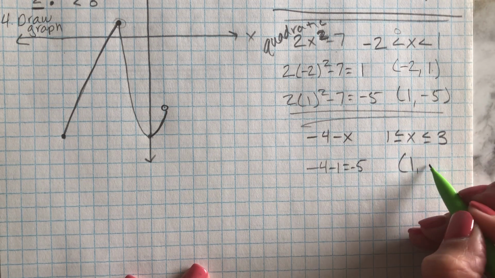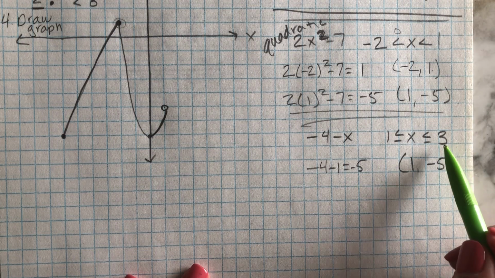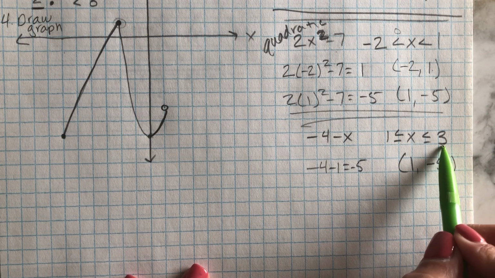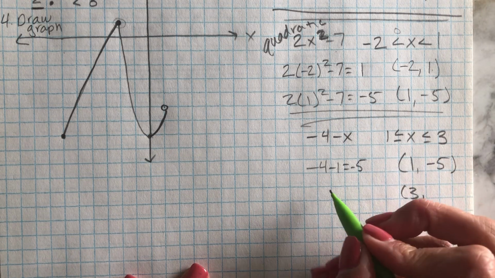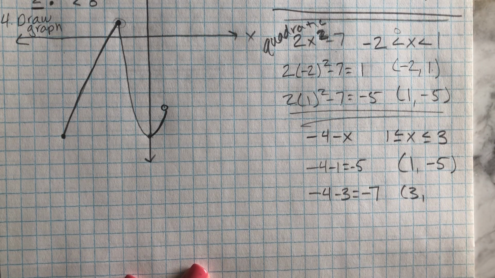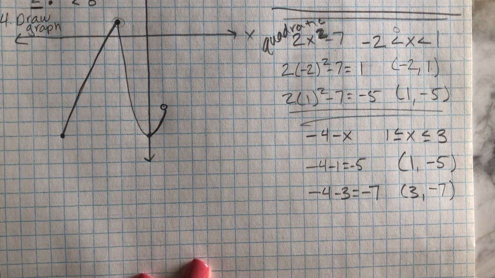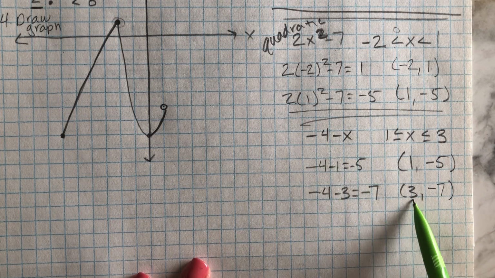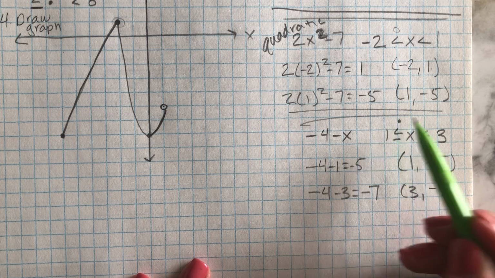So 1, -5. Then we'll take our next value, the 3. Plug it in. You get -7. Okay, so we're going to plot these. 1, -5, and that's a closed.